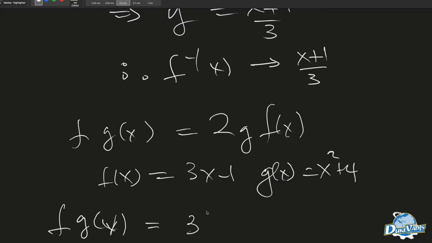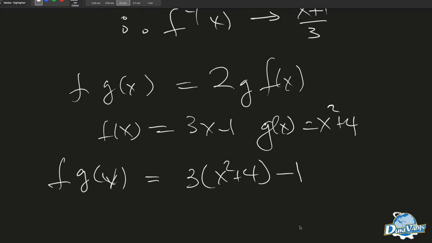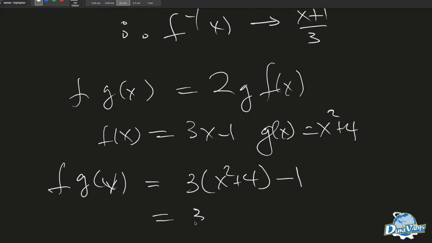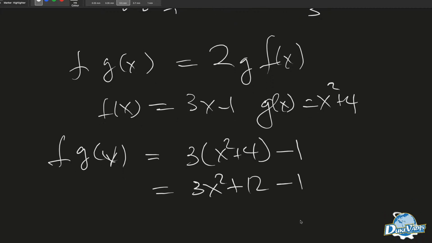So this will be 3 into bracket x squared plus 4, minus 1. So f is there and the g is coming in. That gives 3x squared plus 12 minus 1, and our answer will be 3x squared plus 11.